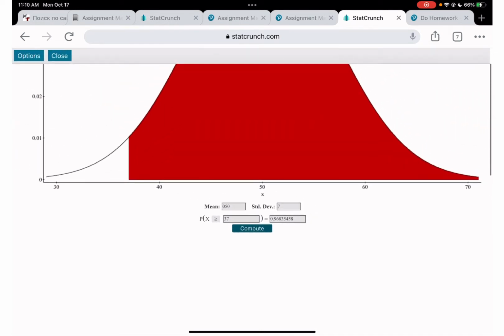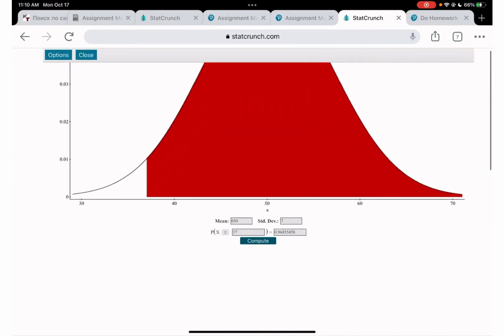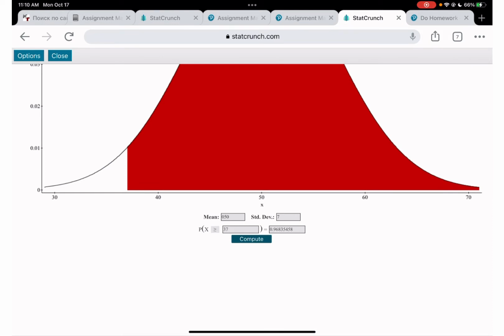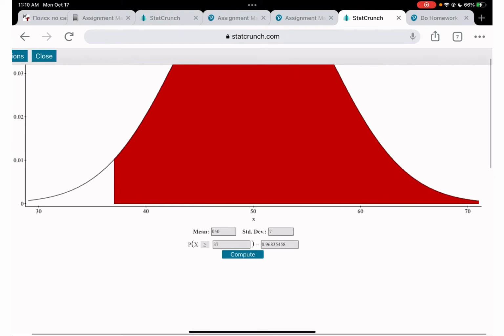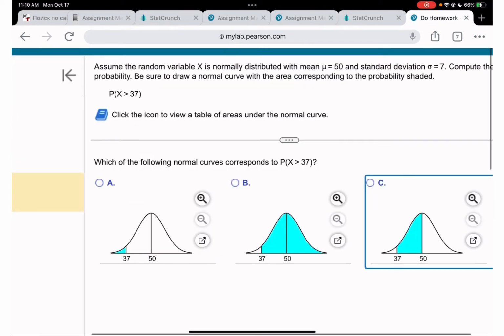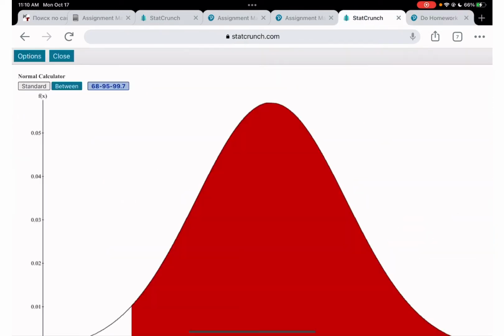And we are getting... If you watch the lecture, you will understand why I still put x or z-score in the same spot, because z-score represents x. So it's going to be 0.9684. Okay, it wants the graph.